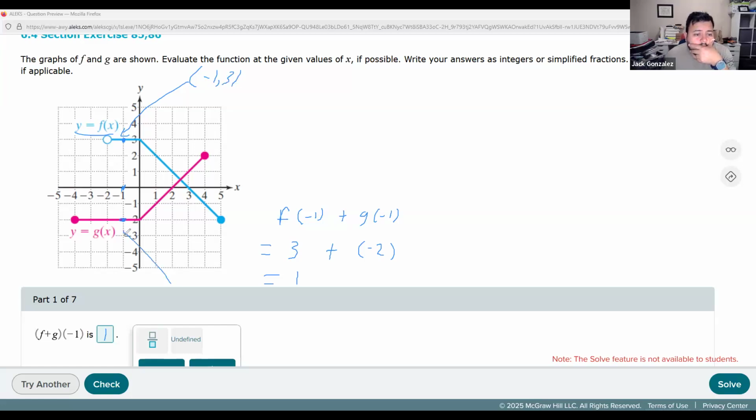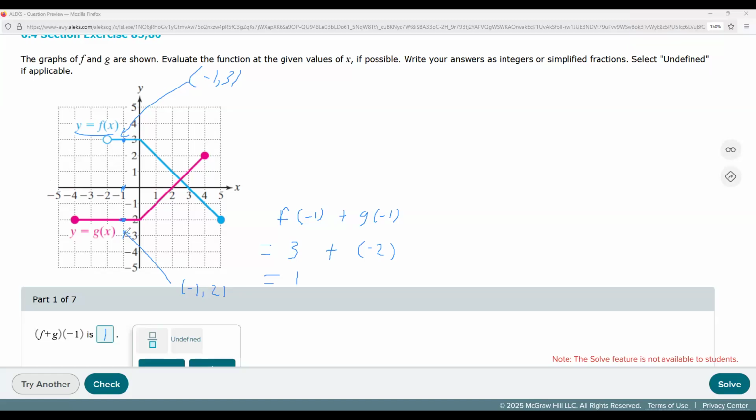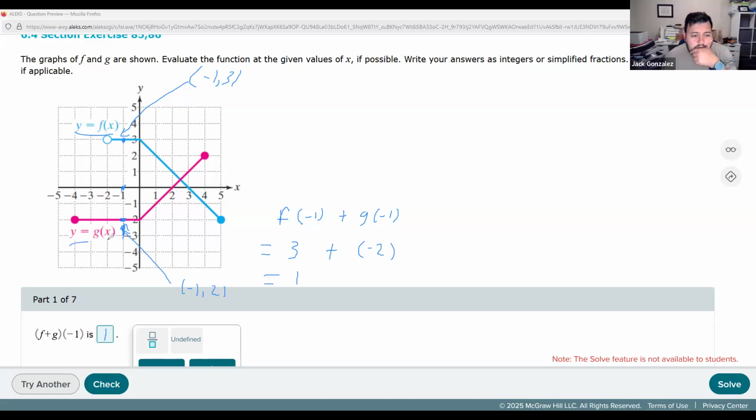This point right there is -1, comma 2. I just realized it's straight up telling us that the lines are the y, because y equals. I've been paying too much attention to the f plus g. Yeah, there's the g. Red is g, blue is f.